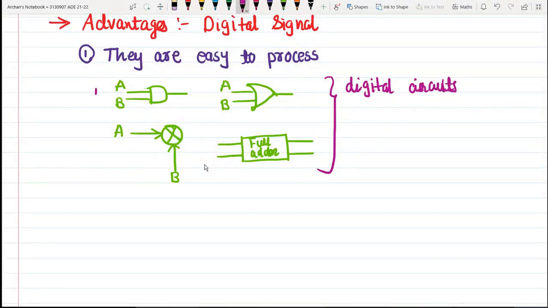Now if I talk about the first circuit, this is an AND gate. The function of an AND gate is to multiply the two input signals.